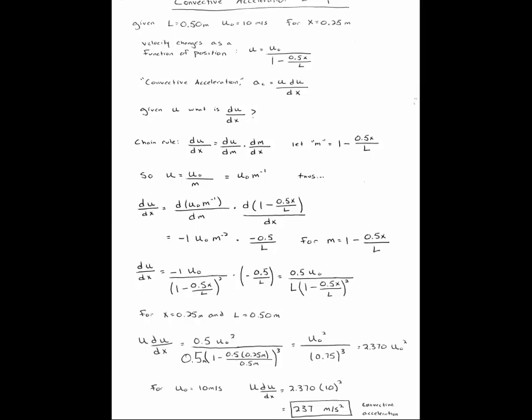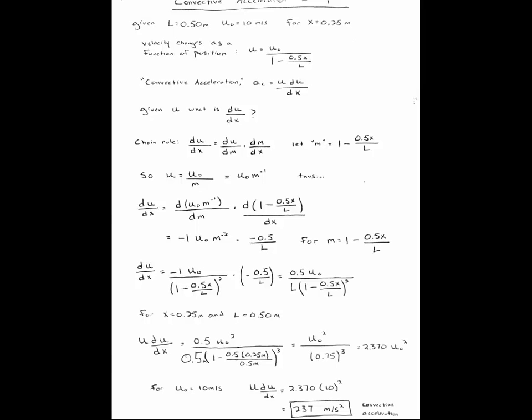Okay, and then the other thing we're keeping in the back of our mind is the fact that convective acceleration is the velocity multiplied by du/dx, which is the rate of change with respect to position. All right, so to find du/dx, we can use the chain rule, which says du/dm multiplied by dm/dx.